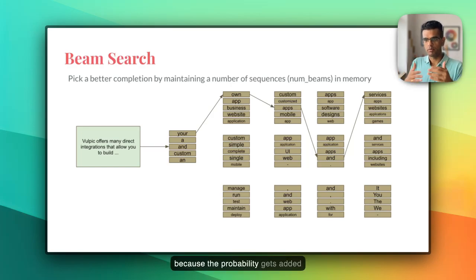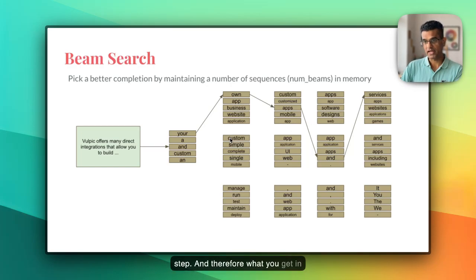Because the probability gets added over each time step, you want to optimize for the best completion or the best overall probability across different time steps, rather than restricting your decision purely based on the only time step that you're looking at. So that's what is meant by beam search. That means I optimize for overall higher probability rather than the probability only at a given time step.